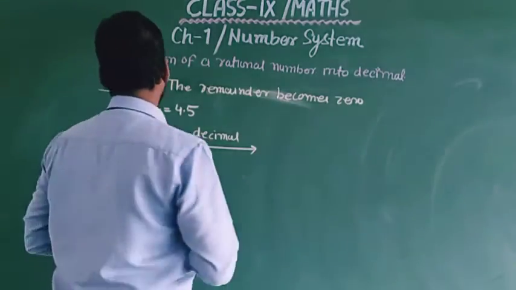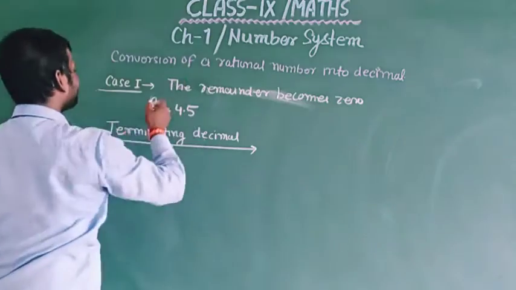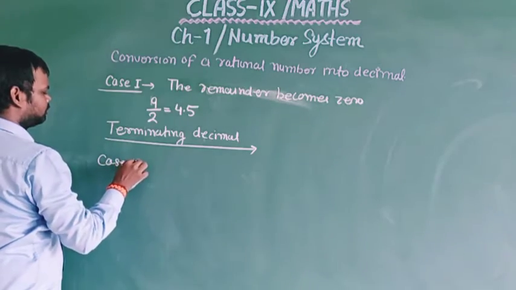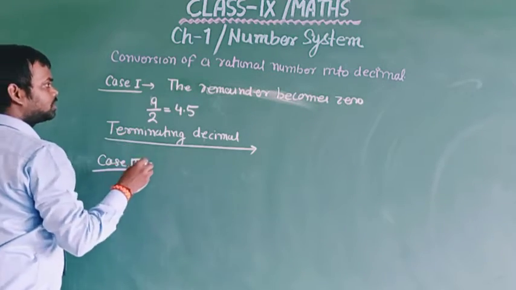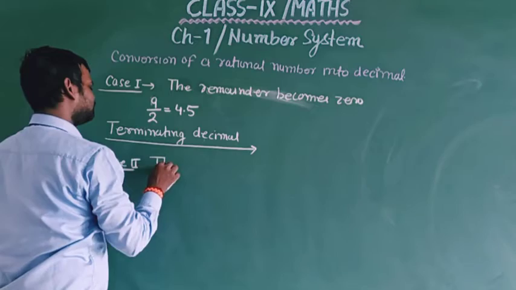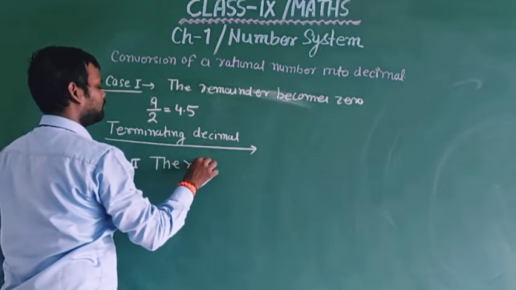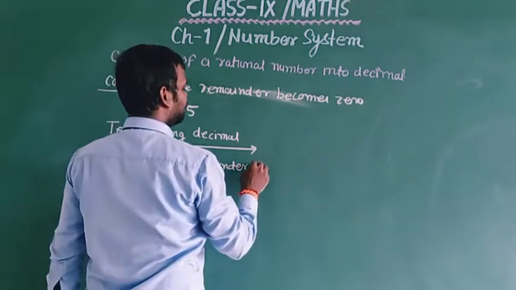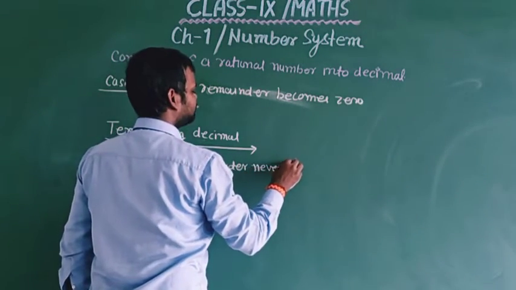And next, the second case is the remainder never becomes 0.